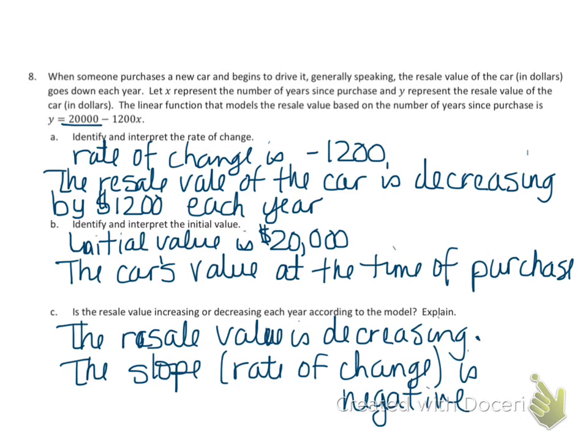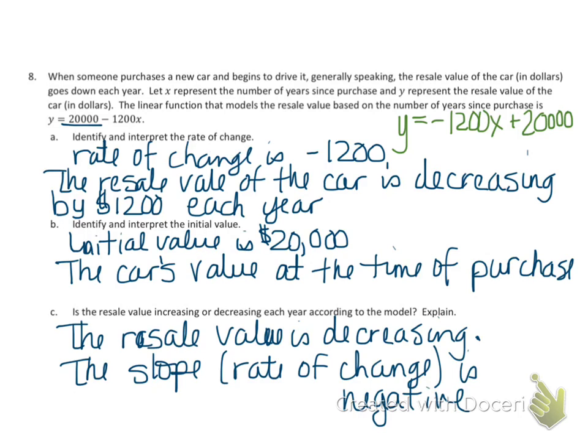We could rewrite this equation as Y equals negative 1,200 X plus 20,000. That is exactly the same function written differently.